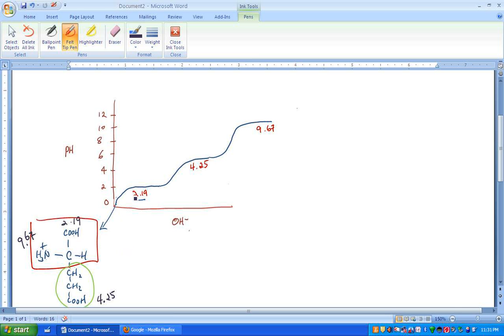So as you're moving more to the base side, what happens is this hydroxide comes in and starts grabbing this hydrogen away because it wants to be neutralized to become water, H2O, because if it gains H, then it can become H2O.